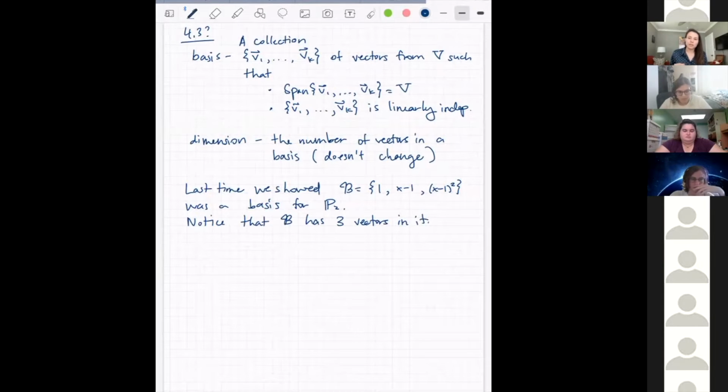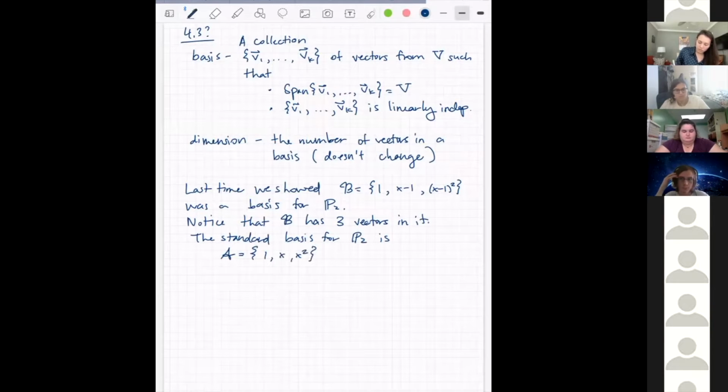We also know that P2 has a standard basis. The standard basis for P2 is the collection, we'll just use A for this one, 1, x, and x squared.